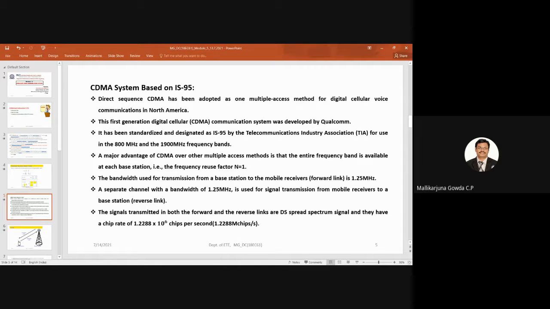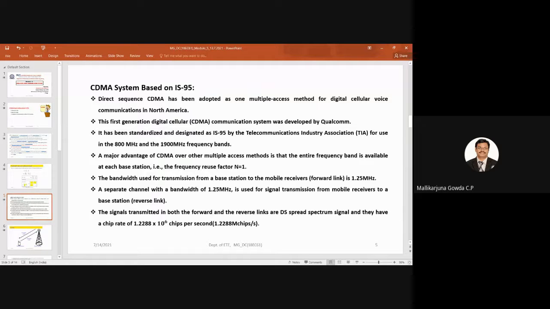All the 8 users can use the same frequency, but they talk at different time intervals. So the capacity of the system increased when compared to FDMA, but still it is limited. But in case of CDMA, what happens?